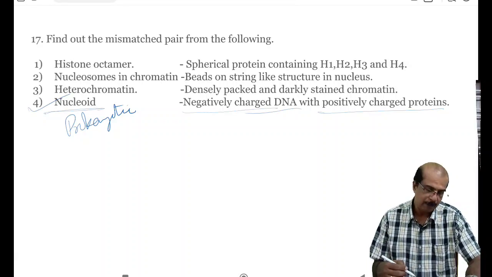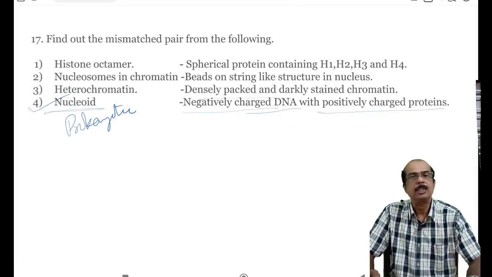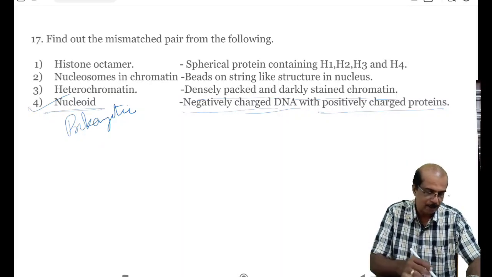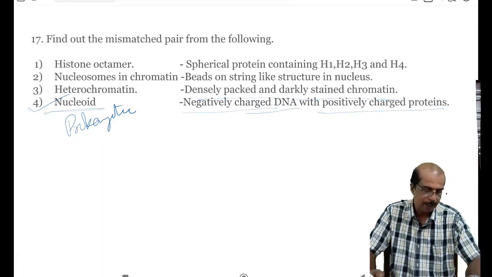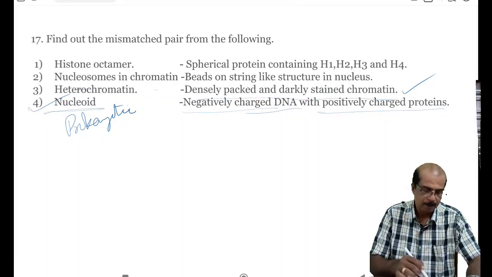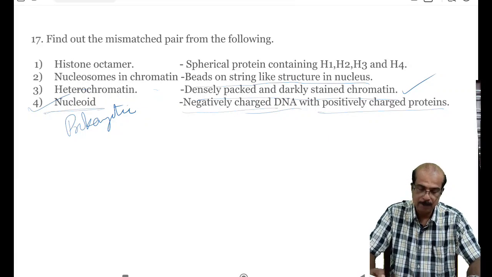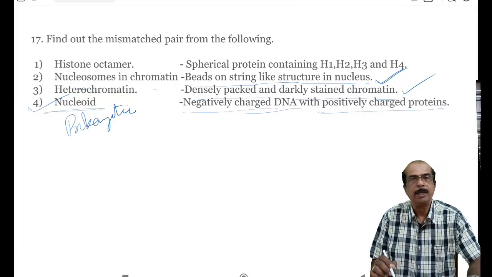Then heterochromatin. What is heterochromatin? Densely packed and darkly stained transcriptionally inactive chromatin is called heterochromatin. It is also a correct match. Nucleosomes in chromatin we already saw. Beads on string like structure in the nucleus, it is also correct matching. Histone octamer.